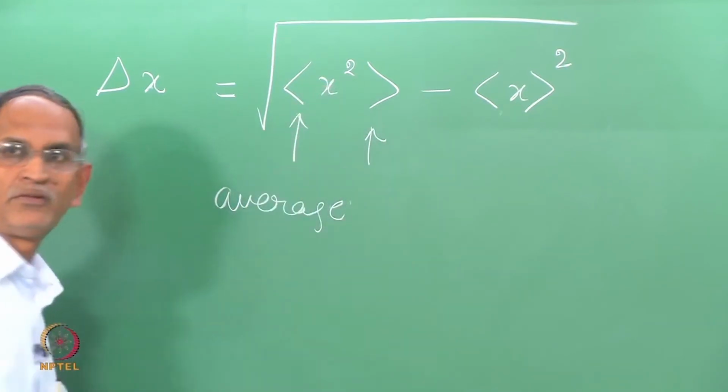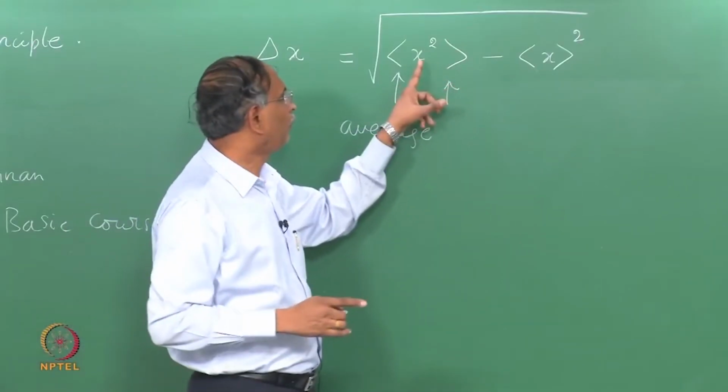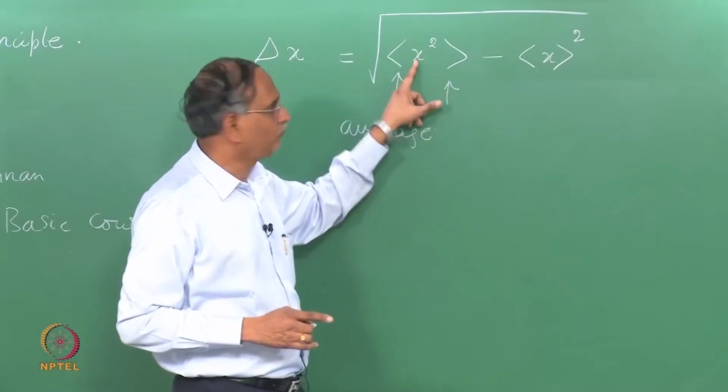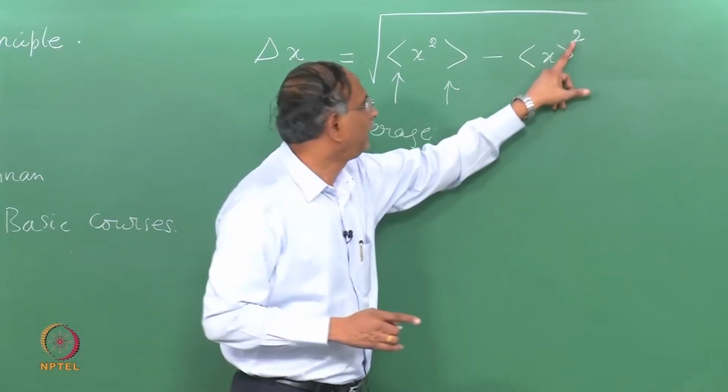What is inside is the one for which the average is taken. Therefore, the average is taken for the square of that value x. Here the average is taken for the value itself and then it is squared.